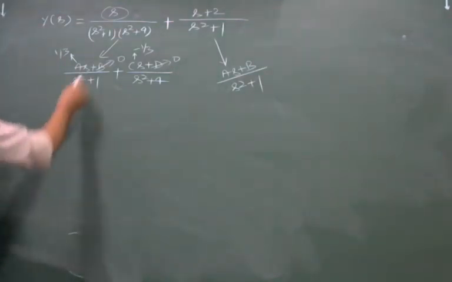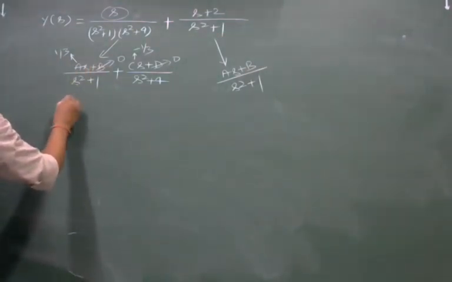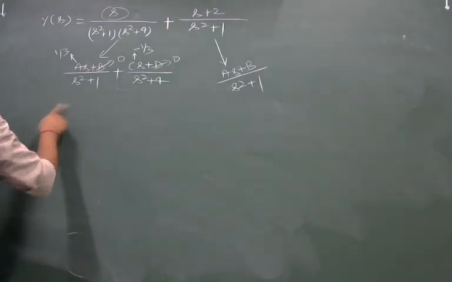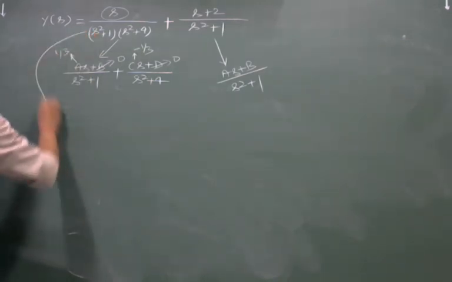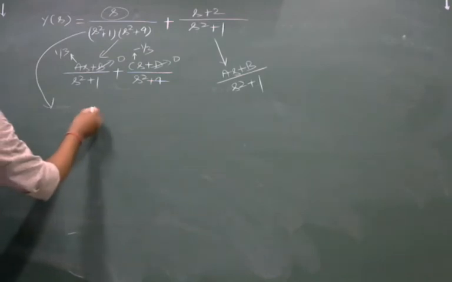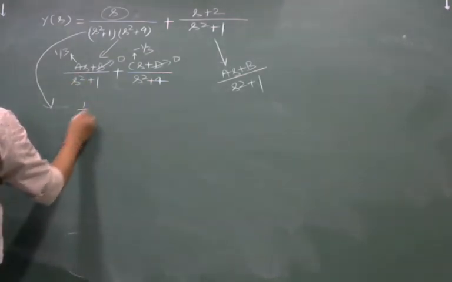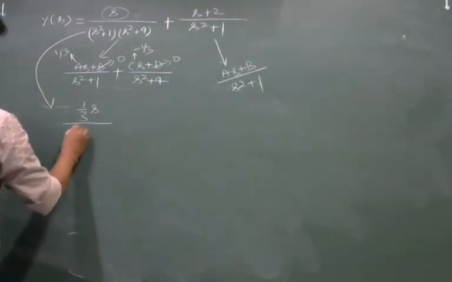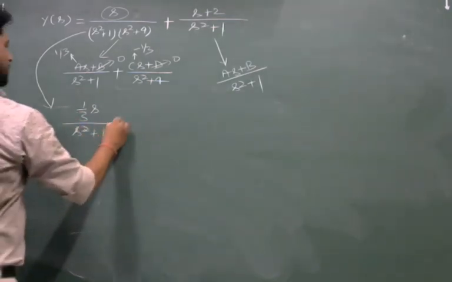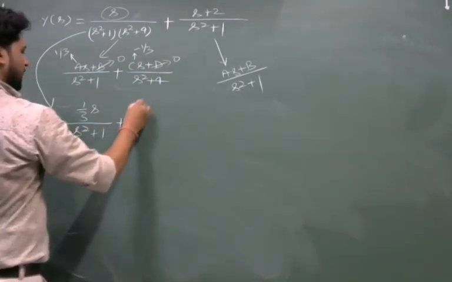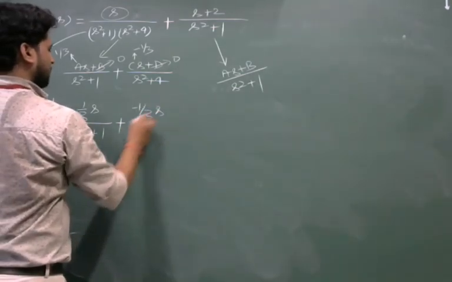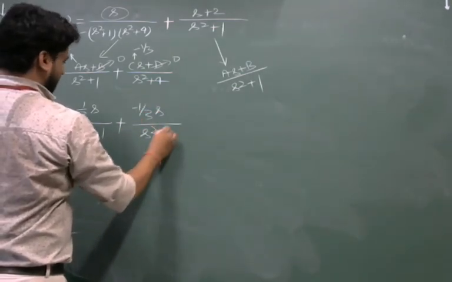So this term of Y(s) can be written as (as plus b), meaning 1 by 3 s, b is 0, upon s square plus 1, plus minus 1 by 3 s upon s square plus 4.